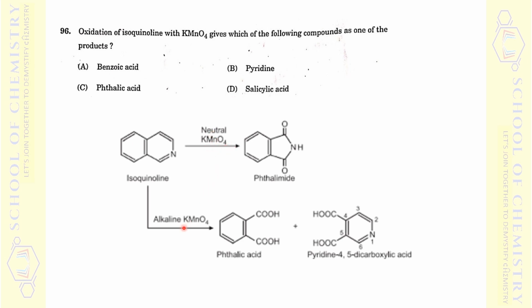But if you consider alkaline KMnO4, which is the most common reaction of isoquinoline, this being a strong oxidizing agent, it cleaves the ring at these positions, and that's how you will get phthalic acid as one of the products. The other possibility is that the ring can be cleaved here. In that case pyridine 4,5-dicarboxylic acid will also be one of the products. But among the given options, we can find phthalic acid, so option C we can consider the correct answer.